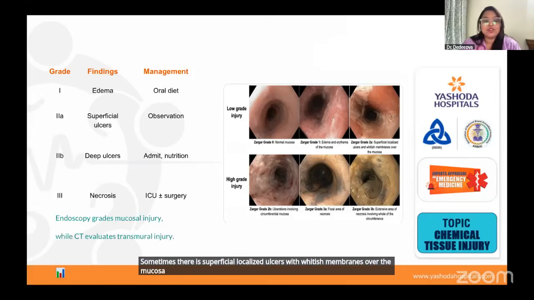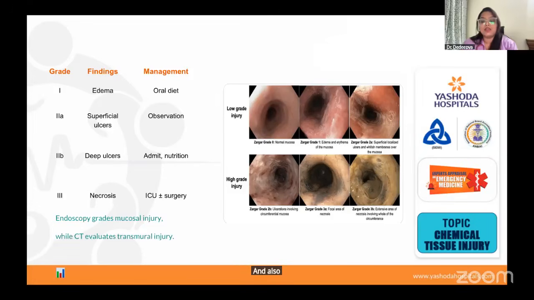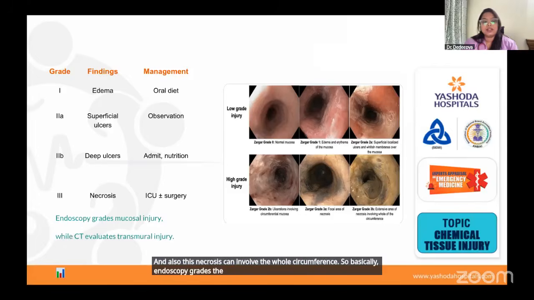And type 2B is your deep ulcers involving almost all the circumferential mucosa. And 3 is your necrotic state where there are focal areas of necrosis. And also this necrosis can involve the whole circumference. So basically, endoscopy grades the mucosal injury, but CT evaluates the transmural injury.